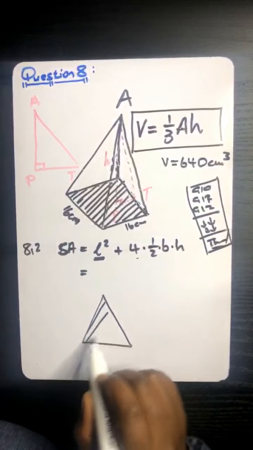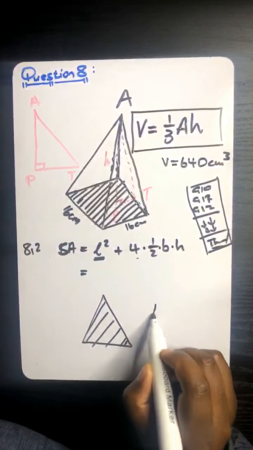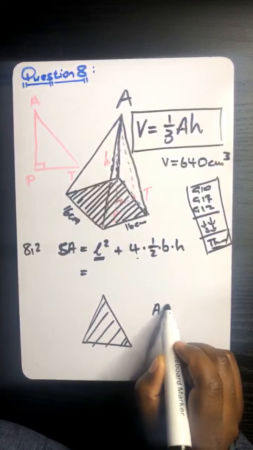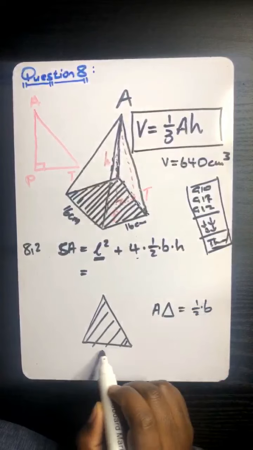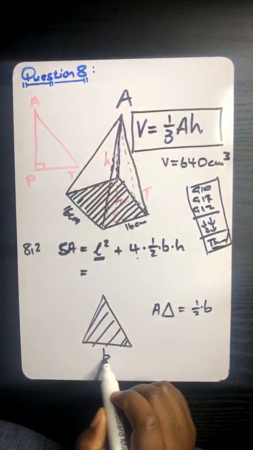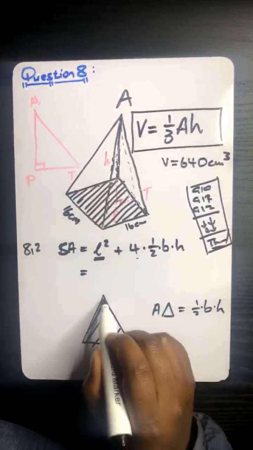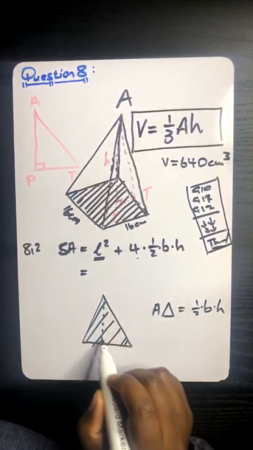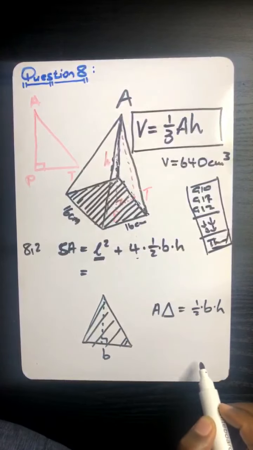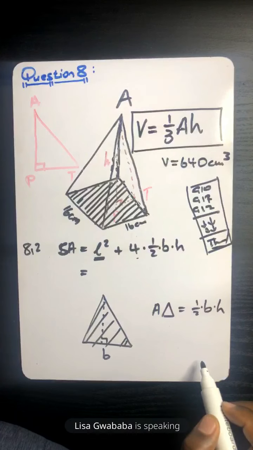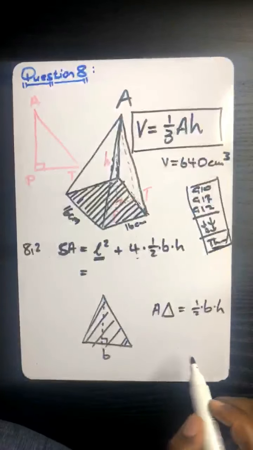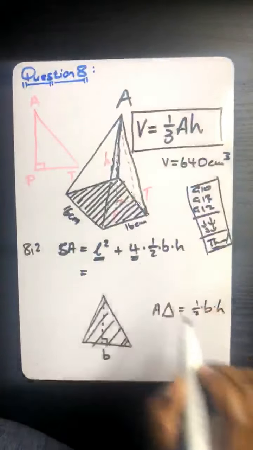This is a triangle, and we know that the area of a triangle is half times base times h, h being that. How many triangles do we have, guys? Four. So that means this is where that 4 comes from.